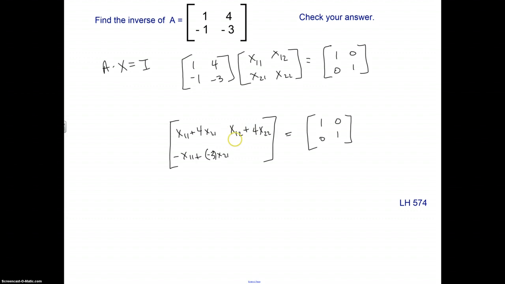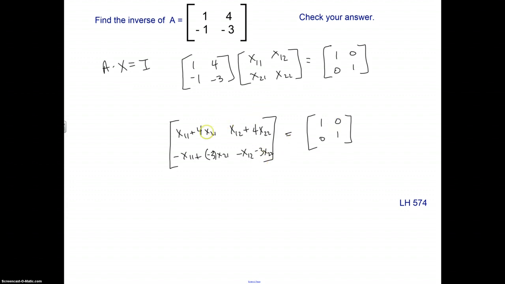And our last one is going to be -1 times x1,2 minus 3 x2,2. And that equals that.